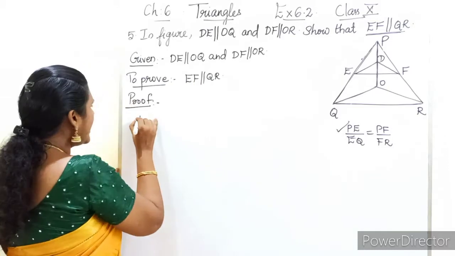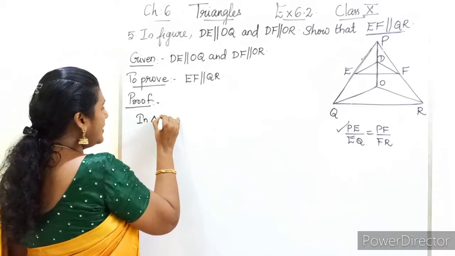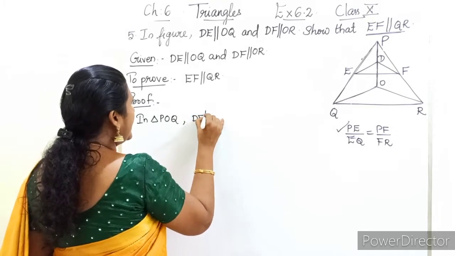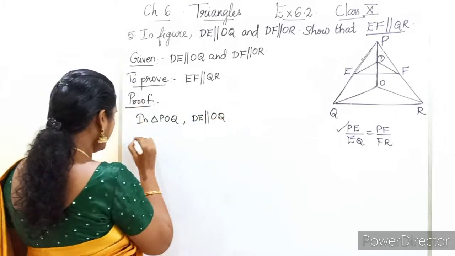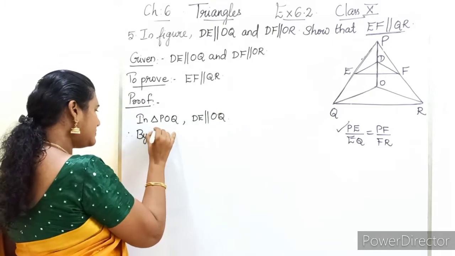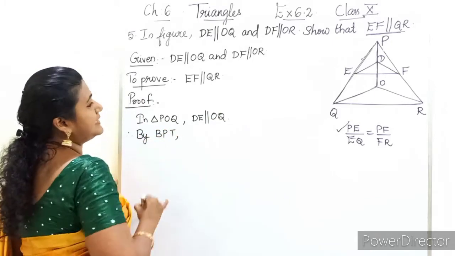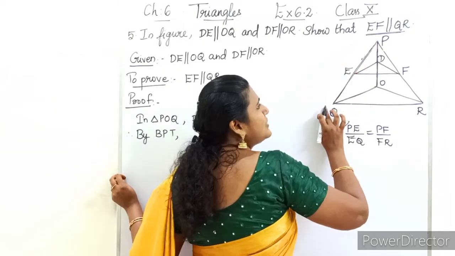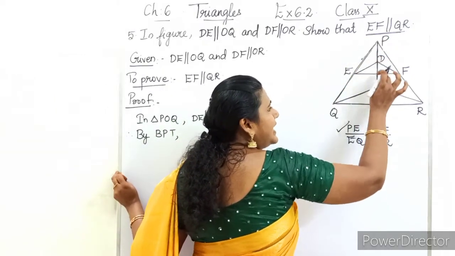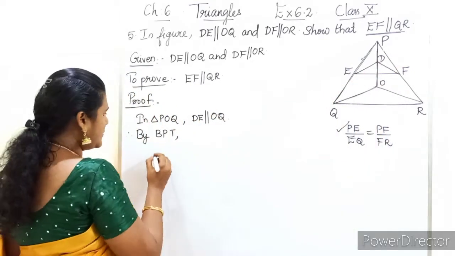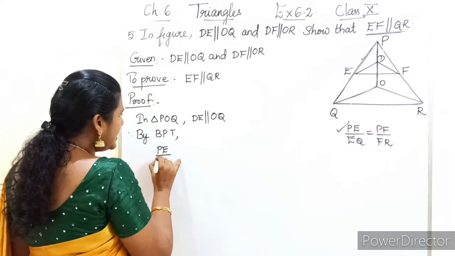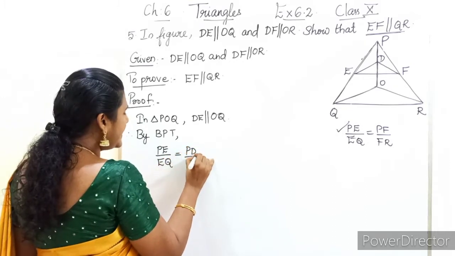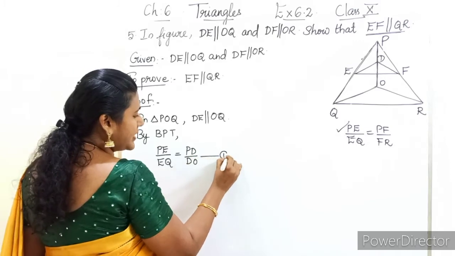Okay, so in triangle PQR, DE is parallel to PQ, therefore by basic proportionality theorem, what condition we can write? PE by EQ is equal to PD by DO. This condition we can write. So this is the first equation.